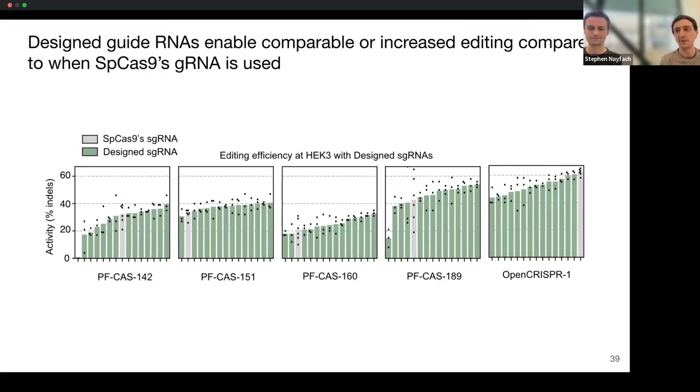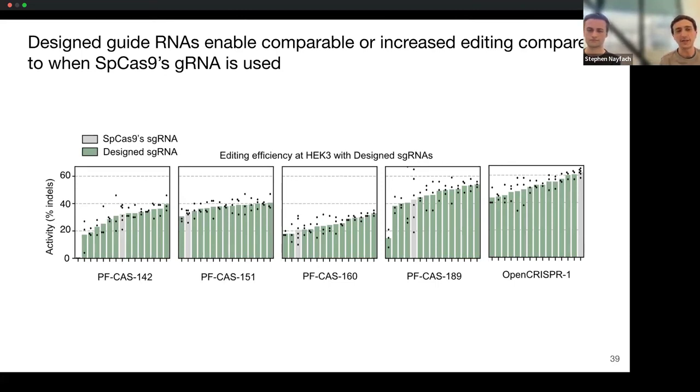Another experiment we did: we generated guide RNAs for OpenCRISPR-1, as well as 4 other generated proteins that showed some activity level. We tested these 5 proteins at a single genomic site, HEK3, using these synthetic guides, as well as SpCas9's guide RNA.